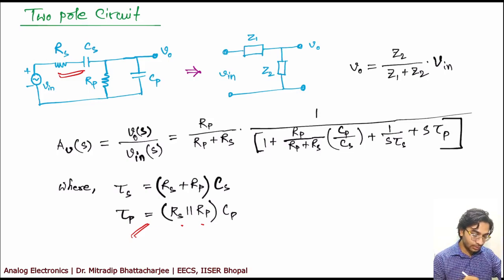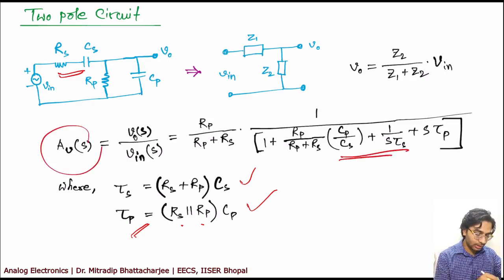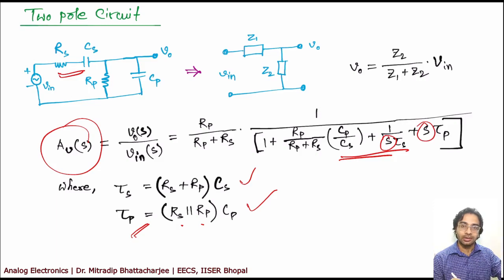This is the time constant associated with that. Now if you see the denominator of that AV(s) expression, you will see that it is actually a quadratic equation. So you have an s square term in the denominator. How many roots do you have for this equation? Two roots, so you have two poles.